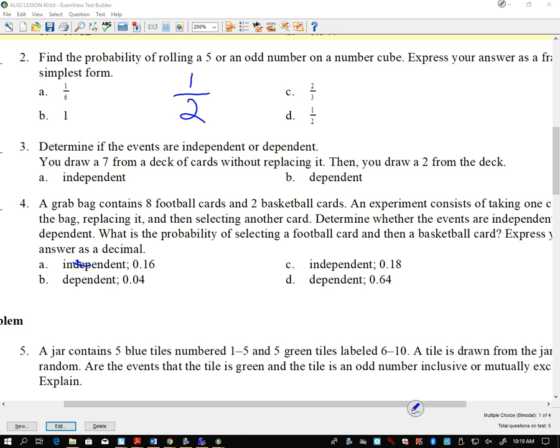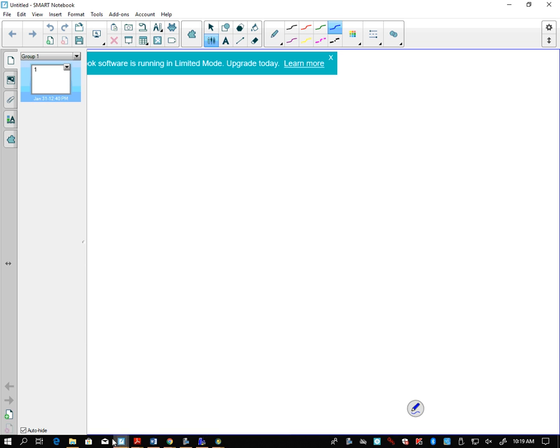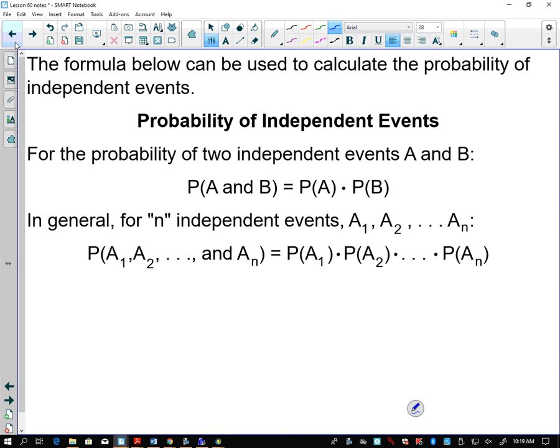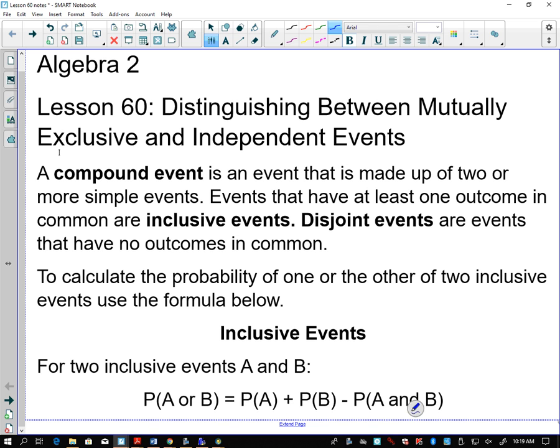Go back to our definitions of what we talked about at the very beginning. Look at the definition of inclusive events: events that have at least one outcome in common. Both events have what in common? 5.